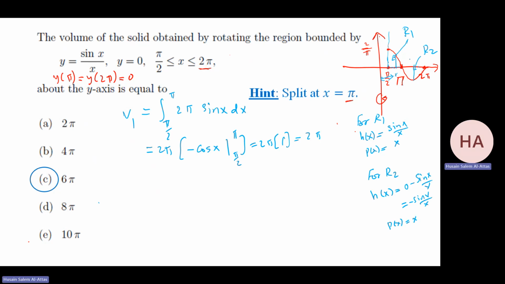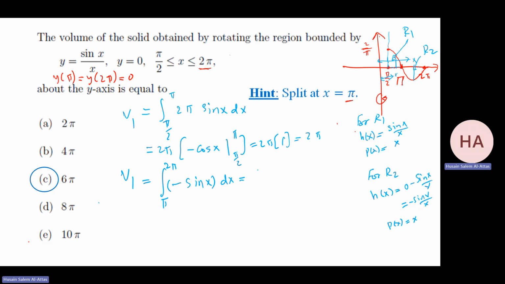I take x here; they want the distance, which is x minus 0, which is x. And that is from pi to 2 pi. So I have the integral from pi to 2 pi of minus sine x over x times x, which is minus sine x dx.